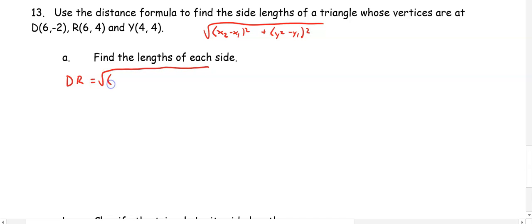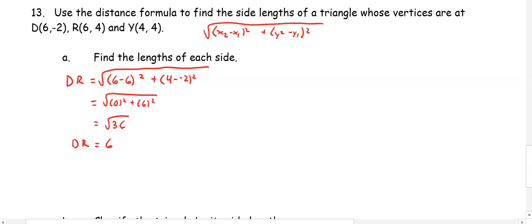So in DR, the x coordinates are 6 and 6. So 6 minus 6 squared plus 4 minus negative 2 squared is going to get us 0 squared plus 6 squared, which gets us 36. And the square root of 36 is 6. So DR has a length of 6.